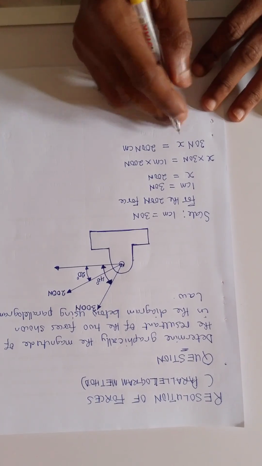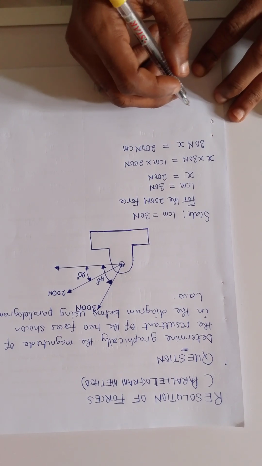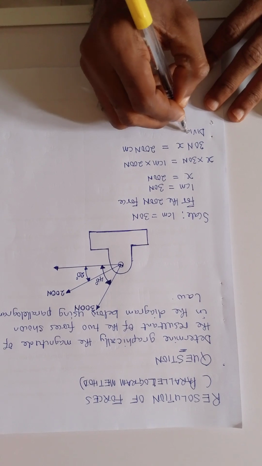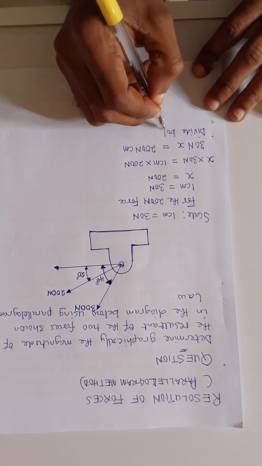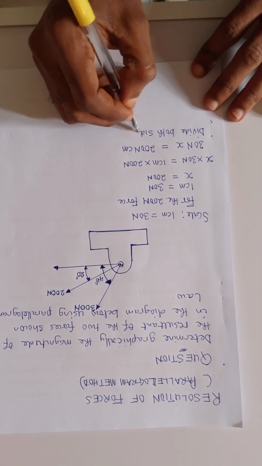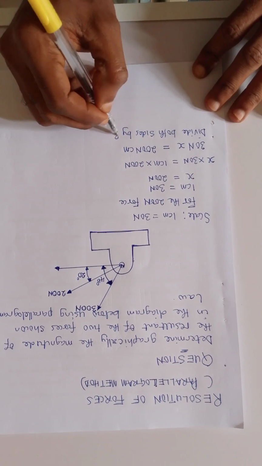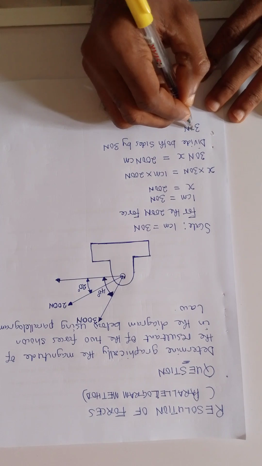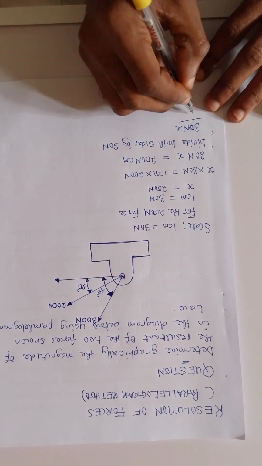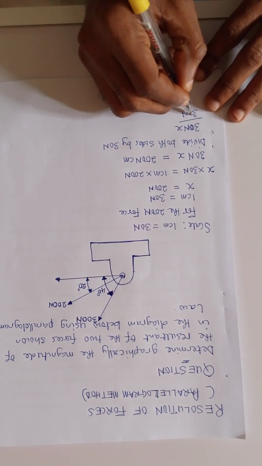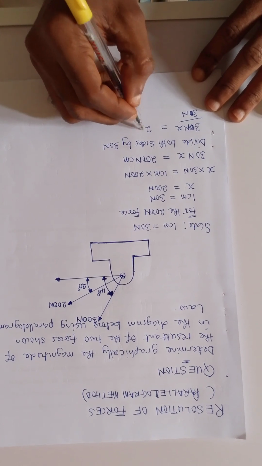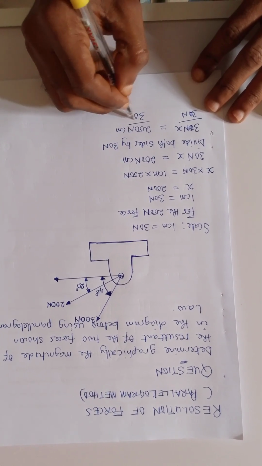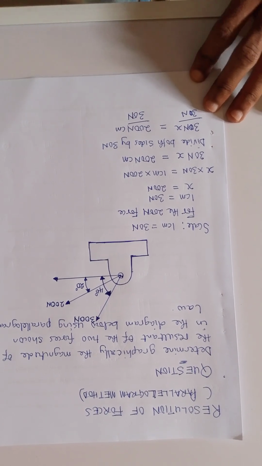Since we are looking for x, we divide both sides by 30 Newton. So we have 30 Newton x divided by 30 Newton equal to 200 Newton cm divided by 30 Newton.